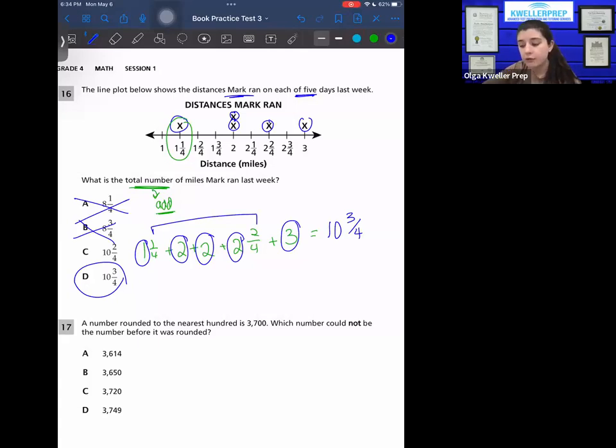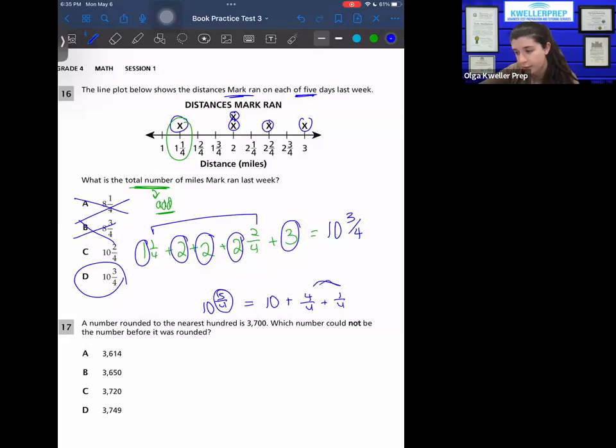So do you guys know how to convert numbers? Like what if I got 10 5/4? How would I rewrite that? So if you ever have a fraction that's greater than 1, right, we can replace this as 10 plus 4 over 4 plus 1 over 4, right?